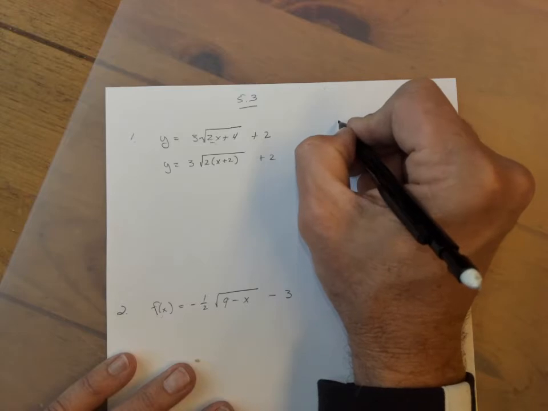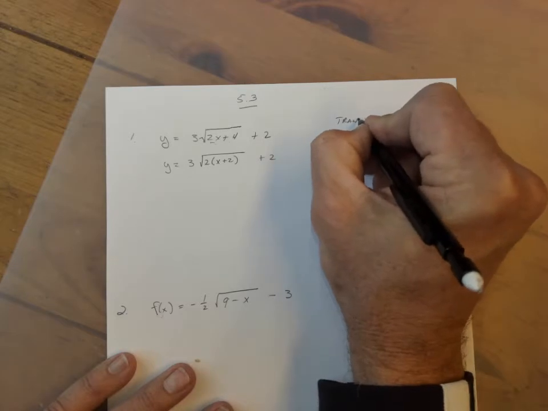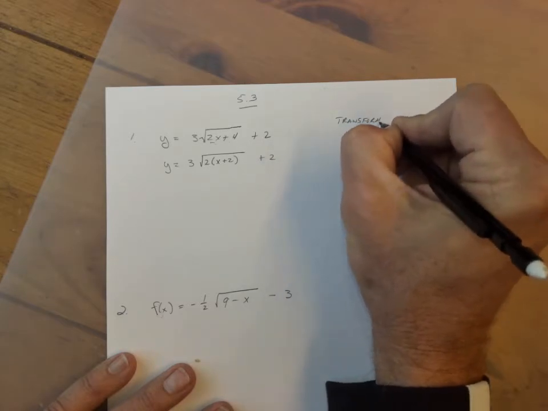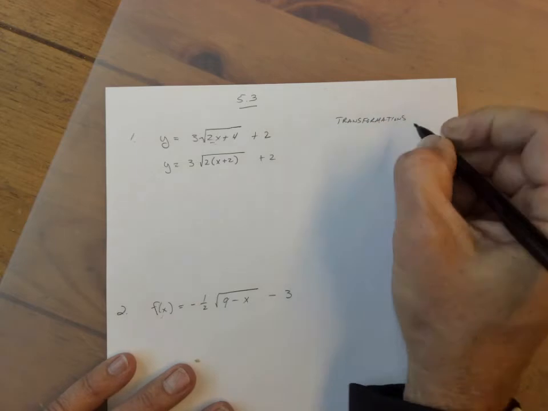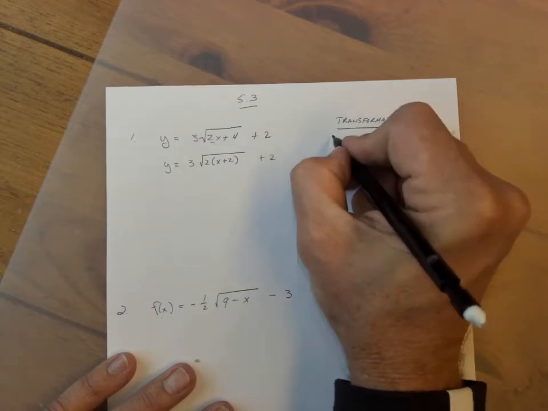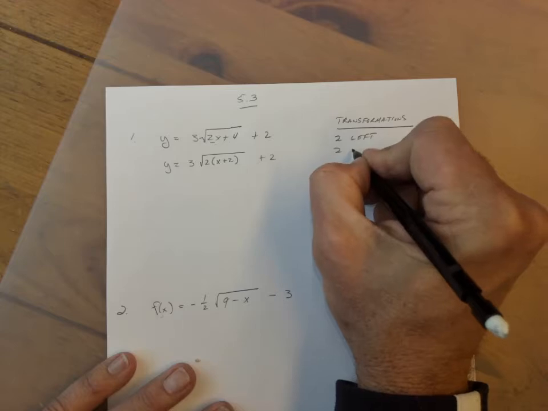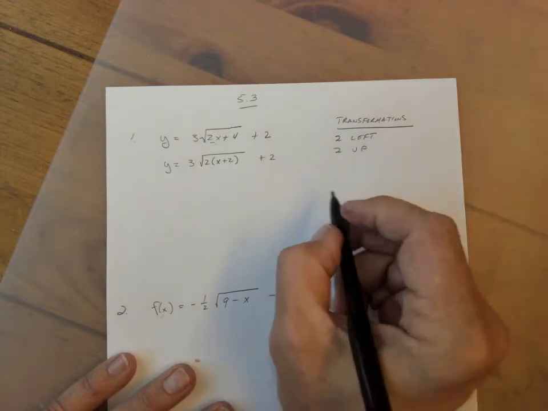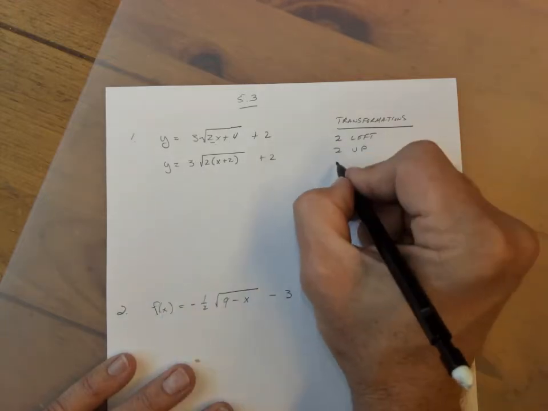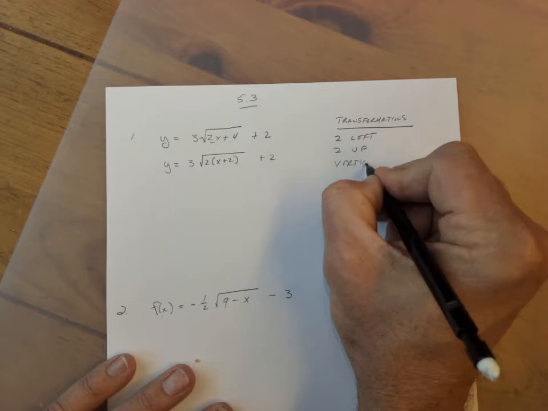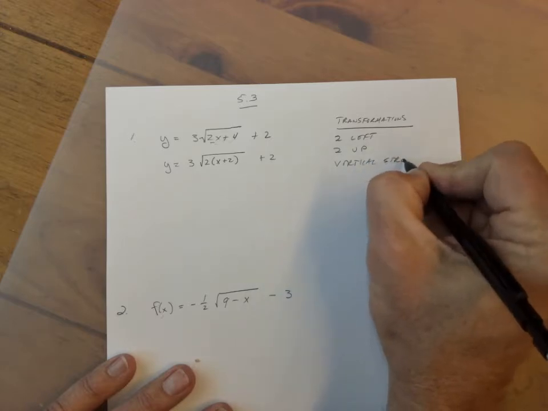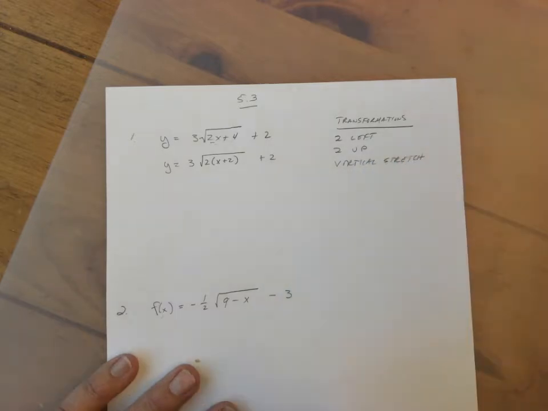So when we're listing our transformations, okay, we have 2 left, and we have 2 up. And then this 3 is going to give us a vertical stretch.